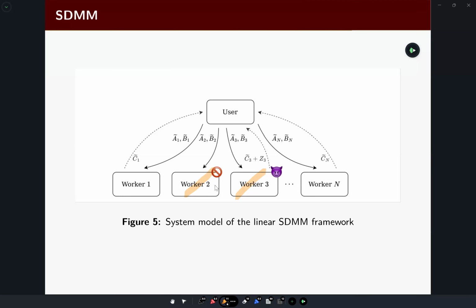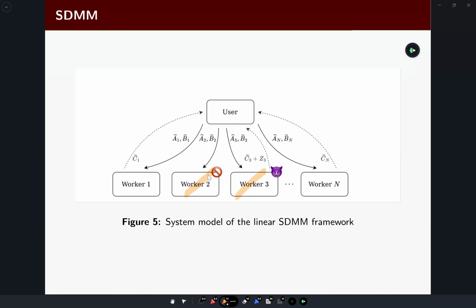One is a good worker, which is just a worker who works as it should. It does not leak any information, and it does actually work. So we can use it.